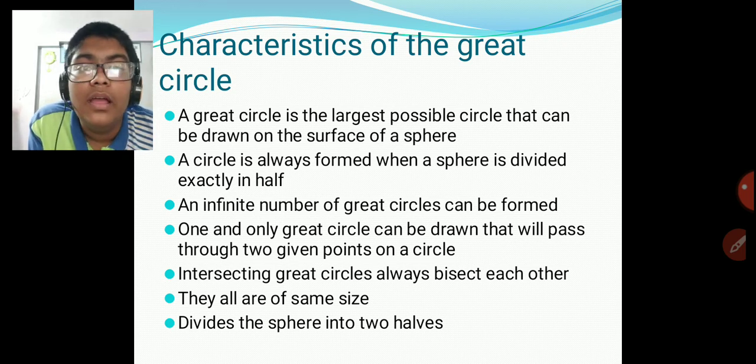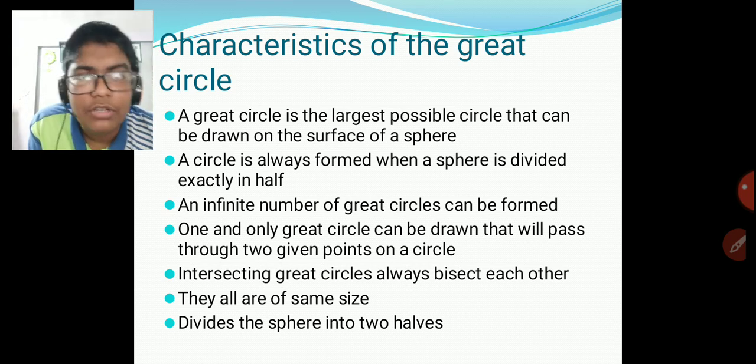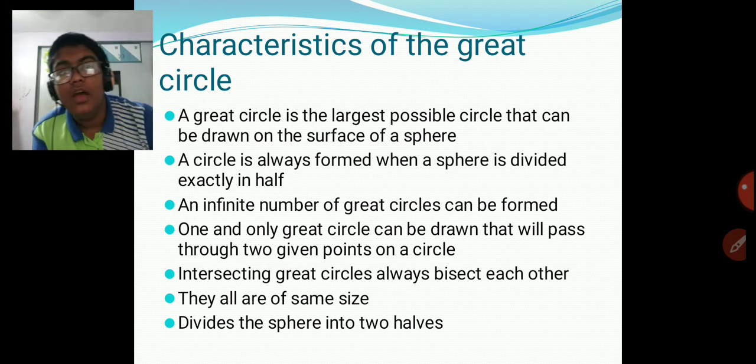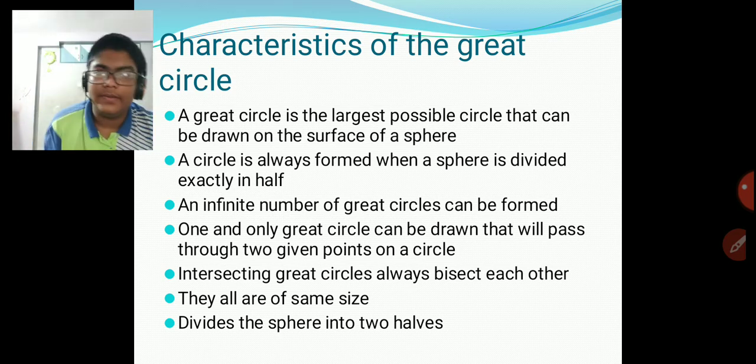An infinite number of great circles can be formed on the Earth's surface, so a number of diameters can be formed. There is no such limit on it.